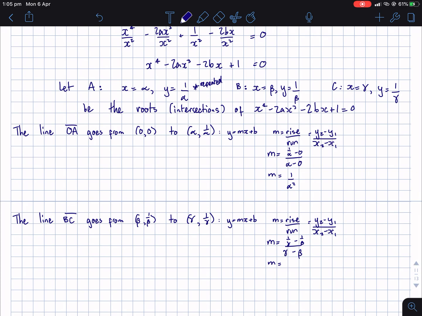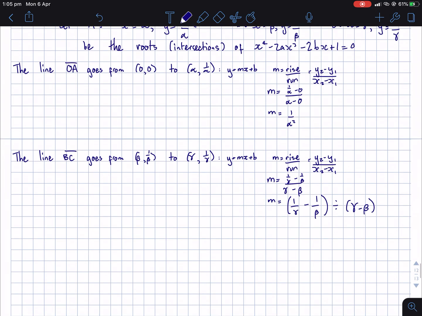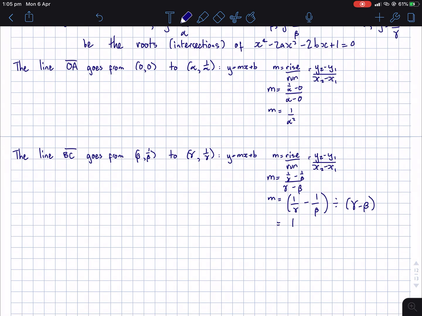So we get 1 on gamma take 1 on beta divided by gamma take beta. So that is (beta take gamma) on (gamma beta) times 1 on (gamma take beta), which gives me minus 1 on gamma times beta.